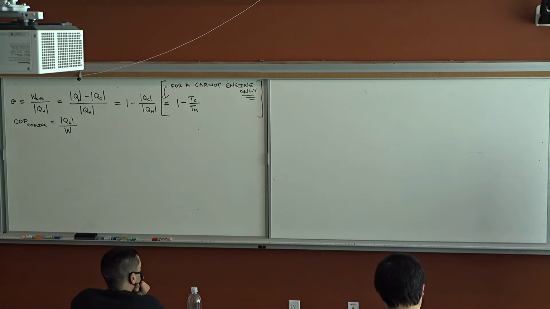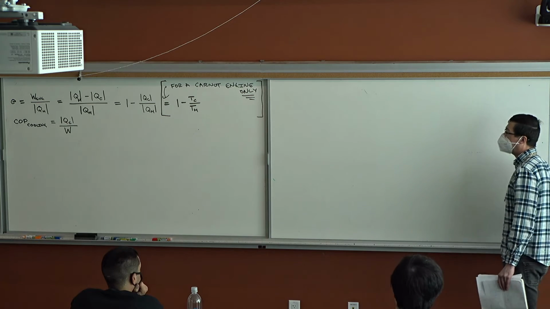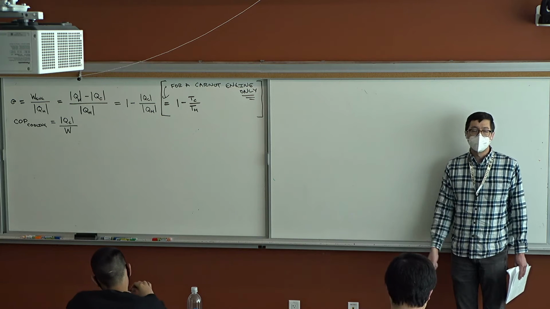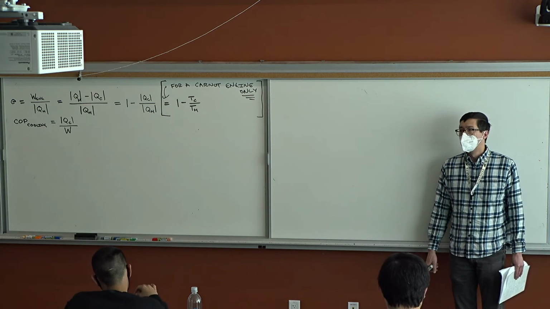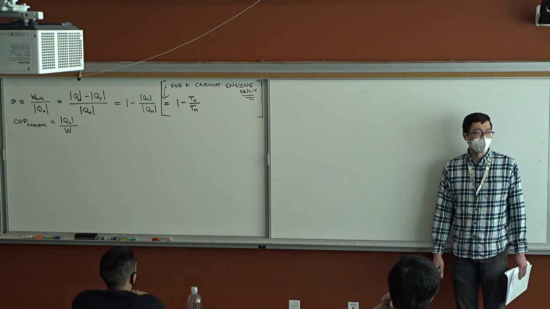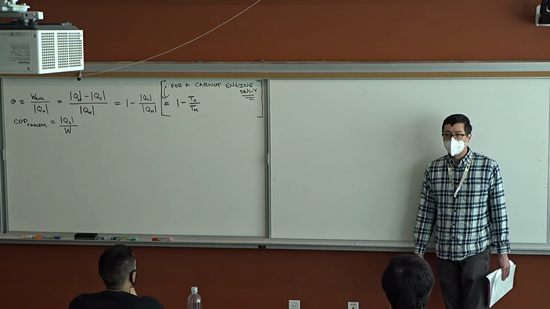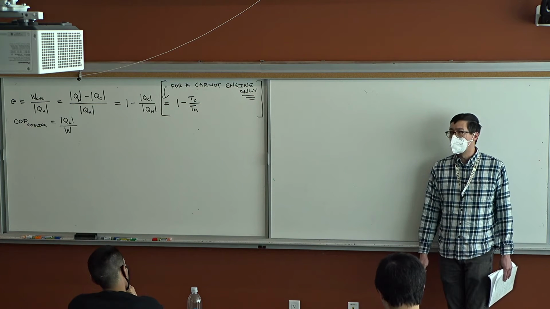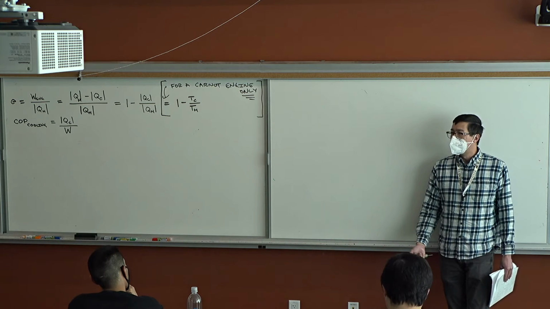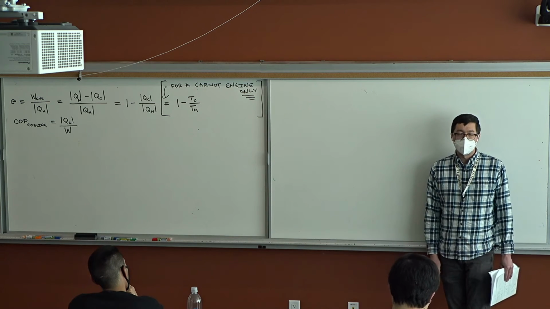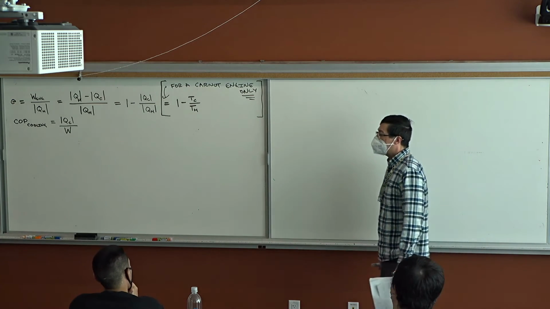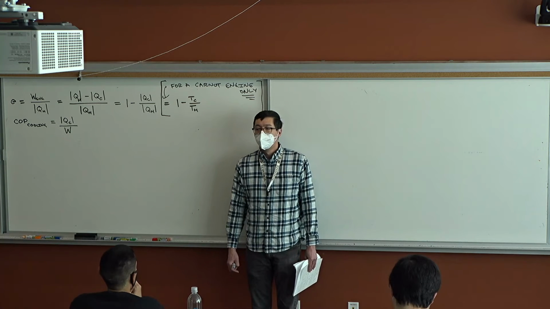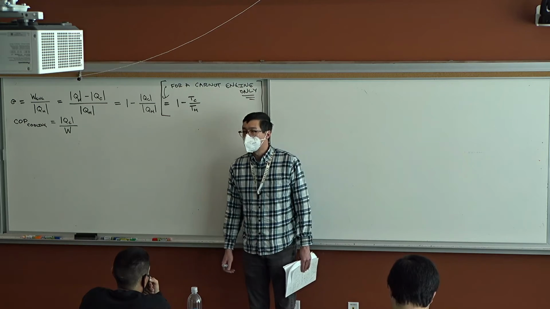I'm going to try the Otto cycle for you, because the Otto cycle is a better representation of a combustion engine that employs a spark plug. And so that's just the one I picked. But maybe next Tuesday, depending on how things are going, we'll also include an example with the diesel cycle, just for extra practice.